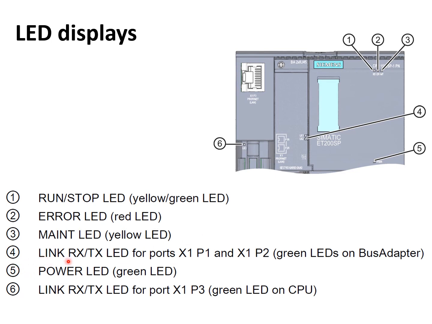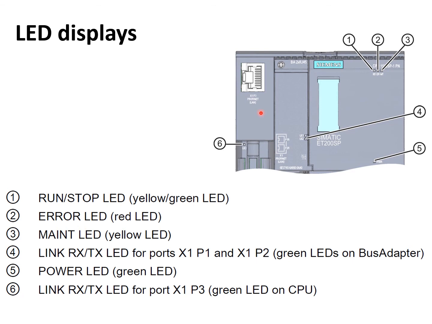We have link Rx/Tx LED for ports X1 P1 and X1 P2. So for example, if the port P1 is connected, then the LED of that port will be on. The power LED, okay, the power LED shows that the PLC is provided with the proper power, and the link Rx/Tx LED for port X1 P3.